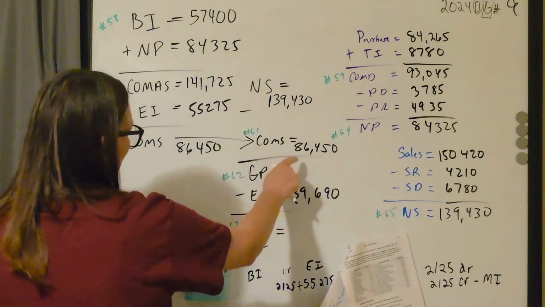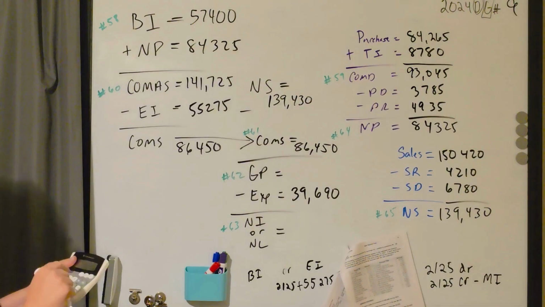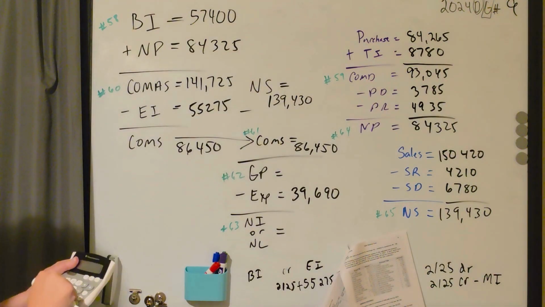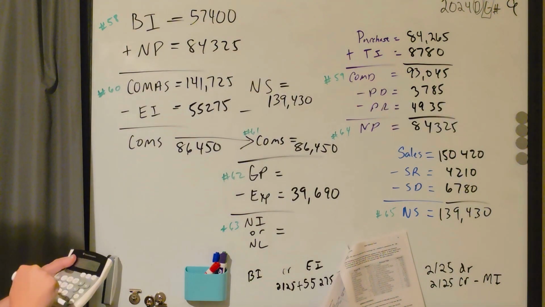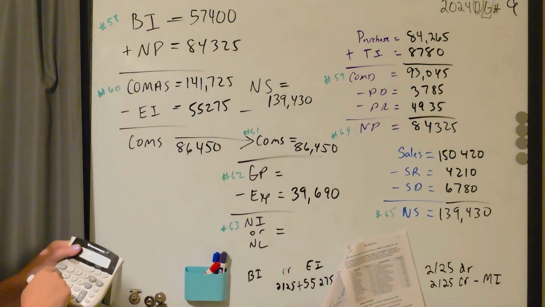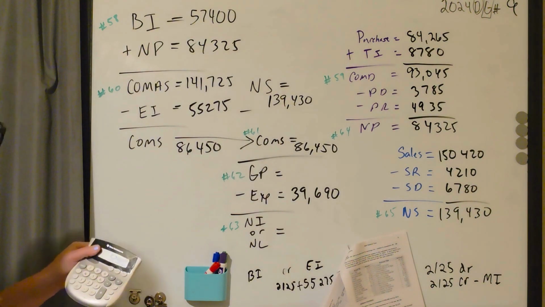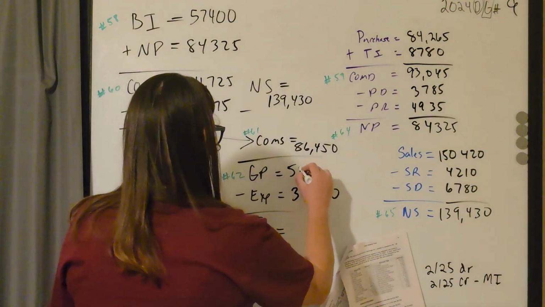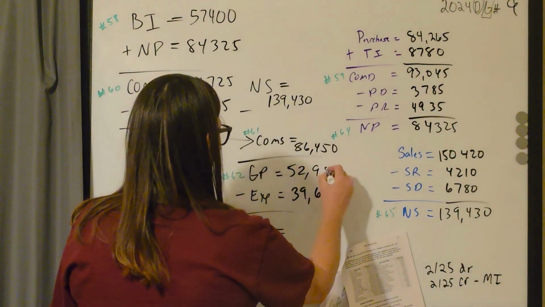So net sales minus cost of merchandise sold. I'm going to leave this number in there and subtract the bigger number. Don't be alarmed by that negative. I'm going to take the negative off with this plus and minus. So our gross profit is 52,980.